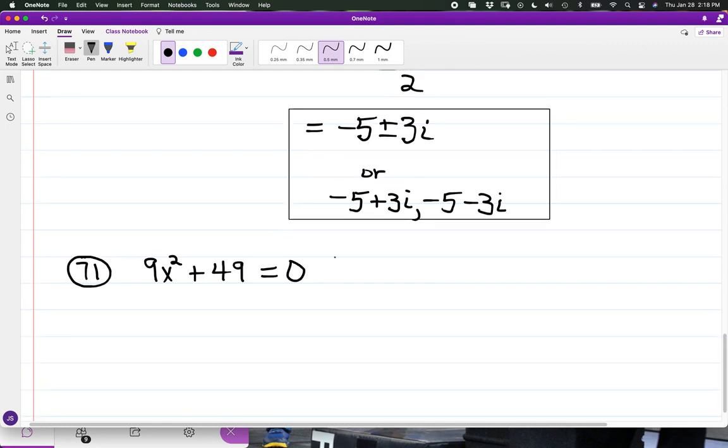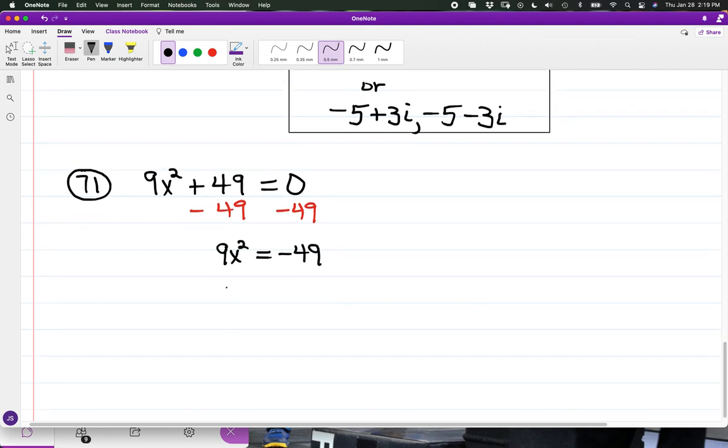And just like before, I can isolate the variable term by undoing the addition that is alongside it. So in this case, if I move the 49 over, I'm going to have that 9x squared is equal to negative 49, and then expressing what we have here in terms of x squared, if I divide by 9, we have x squared is equal to negative 49 ninths.